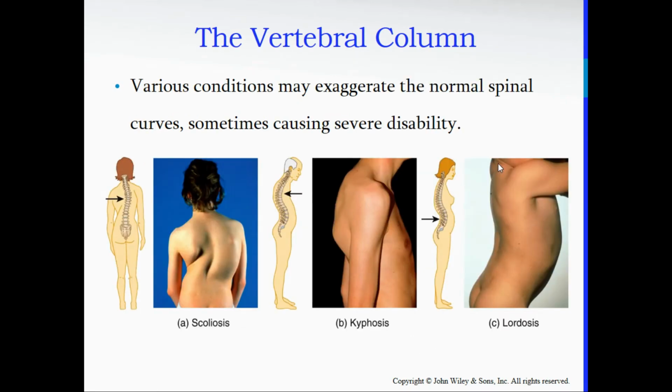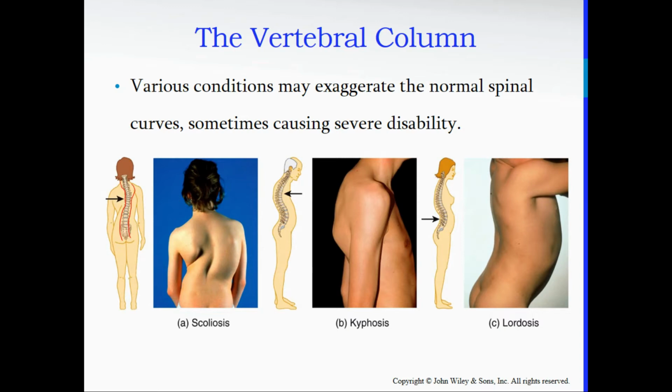And here we talk about some of the abnormal curvatures of the spine. Various conditions may exaggerate the normal spinal curves, sometimes causing severe disability. So if someone has scoliosis, you can see their spine has an unnatural right to left, a lateral curvature.